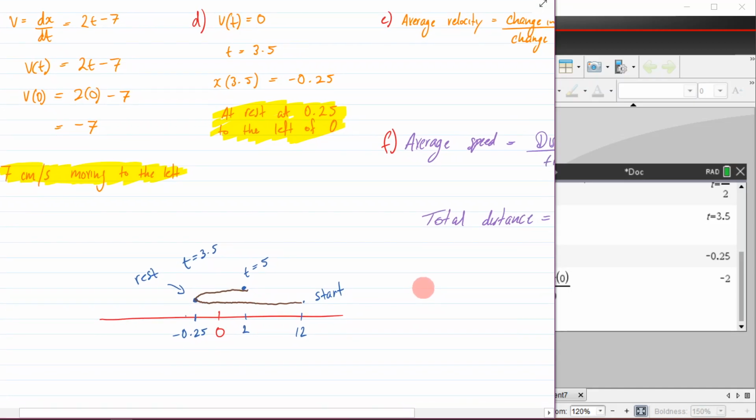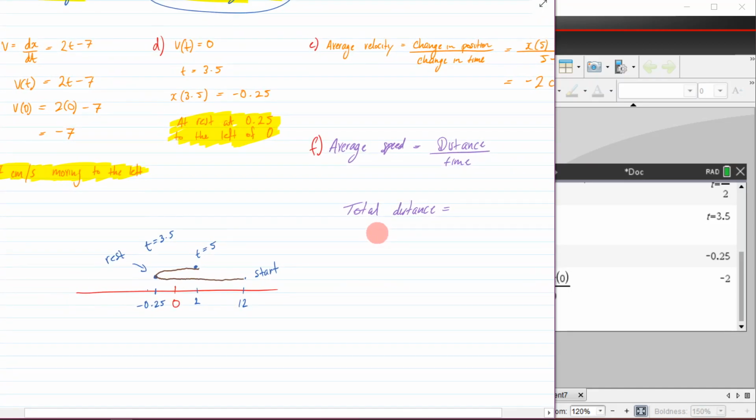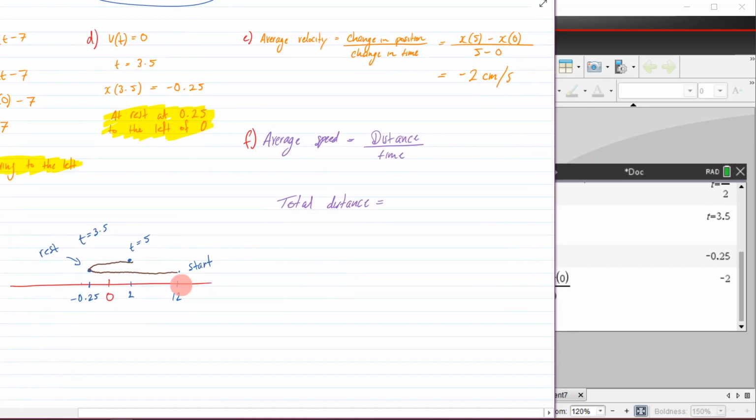So if I want to find my total distance now, just be careful. We don't want to mess this up. From 12 to 0, that's 12. From 0 to -0.25, that's 0.25. From -0.25 to 2, well, think. I have to go back to 0, so let's just plus another 0.25 there.